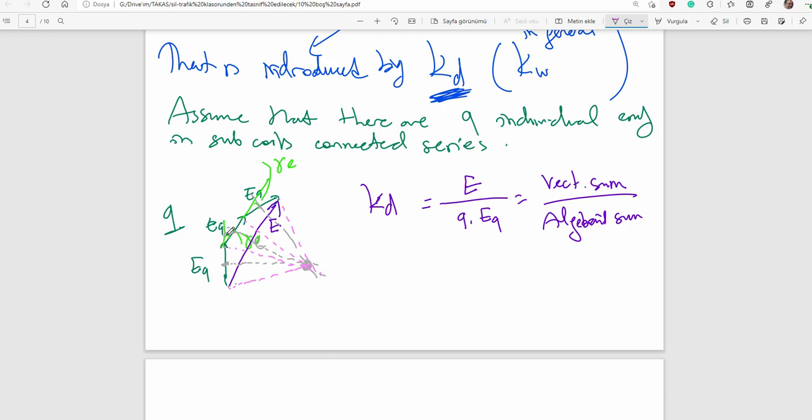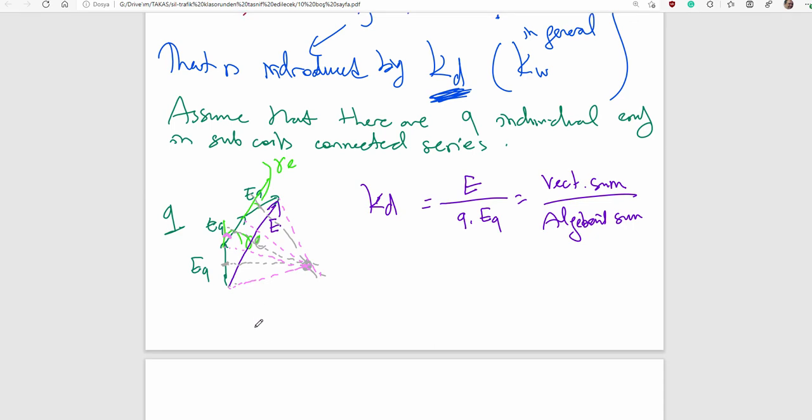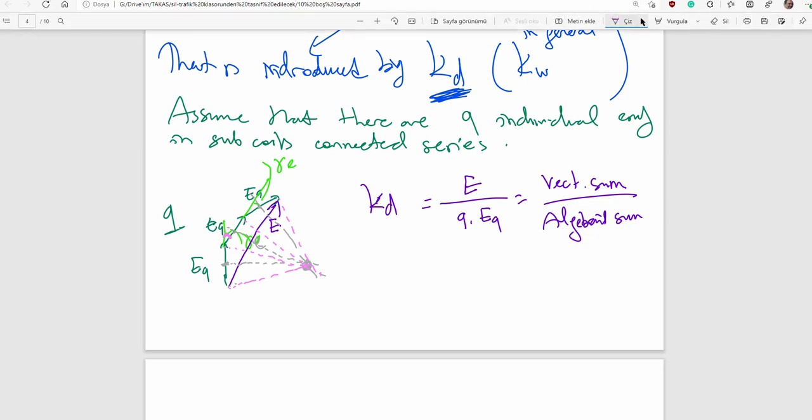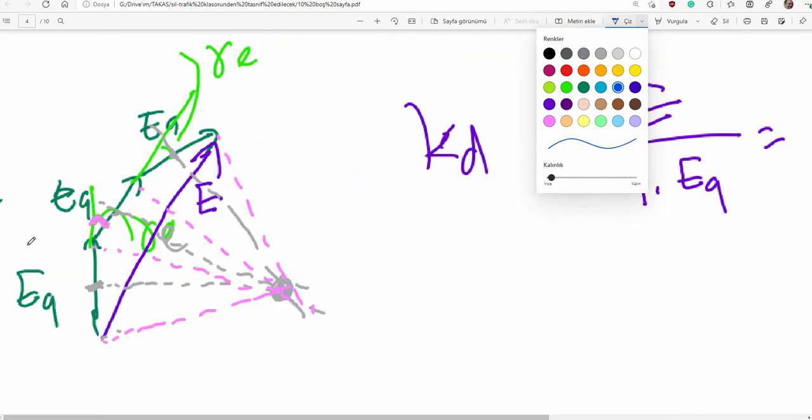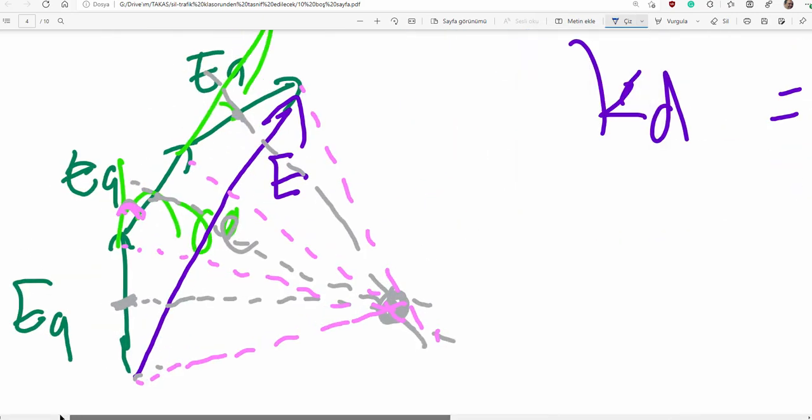The angle from here is equal to, let me show you the angle in a different color. It's a bit confusing. Blue one, okay.